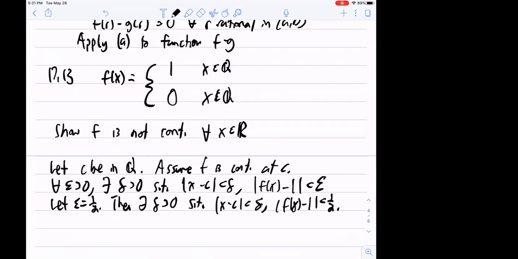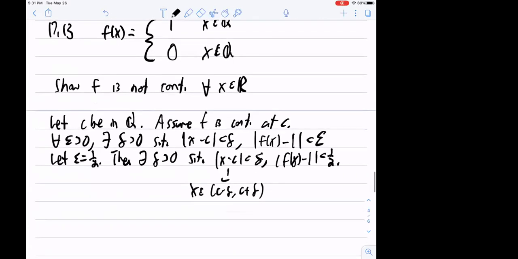So why is this a contradiction? This means x is in (c minus delta, c plus delta). It's a problem because f of x can always be 0, no matter what range you choose.